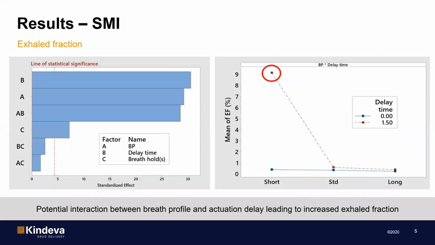So on to the results. So here we've got a slide showing results for the soft mist inhaler in terms of the exhaled fraction. And you can see from the Pareto chart on the left-hand side that breath profile and the delay time are the two most significant factors. On the right-hand side, we have a data plot showing the interactive effect of those two factors, which shows a vast increase in exhaled fraction for a short breath profile with a long actuation delay.